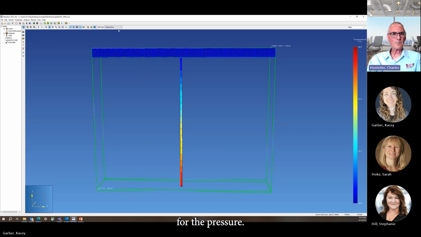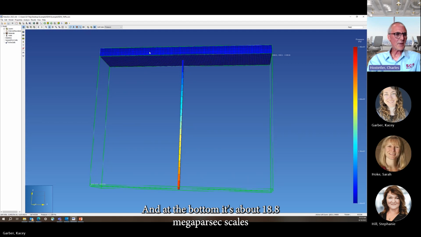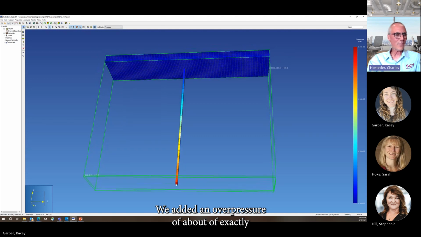For the pressure, the initial condition looks like 10.9 megapascals in the USDW. And at the bottom, it's about 18.8 megapascals under natural conditions. We added an overpressure of exactly 1 megapascal to that very bottom cell.